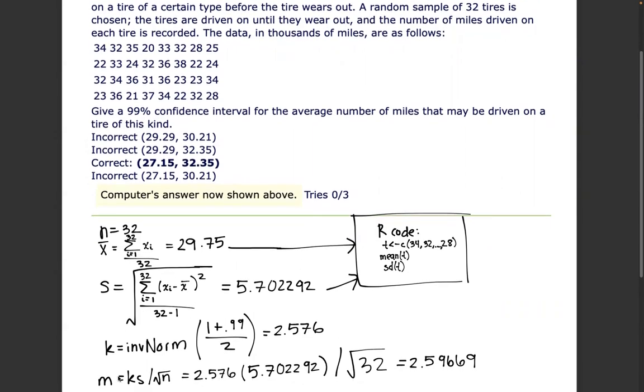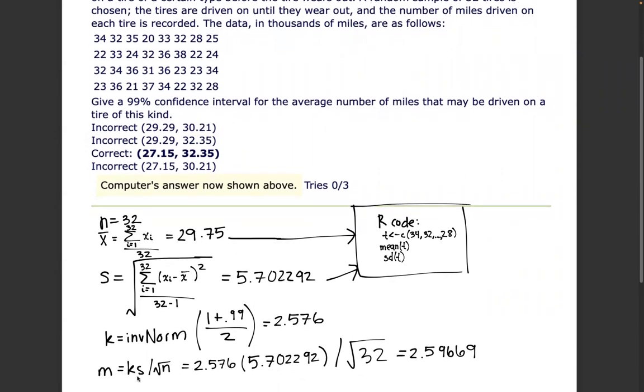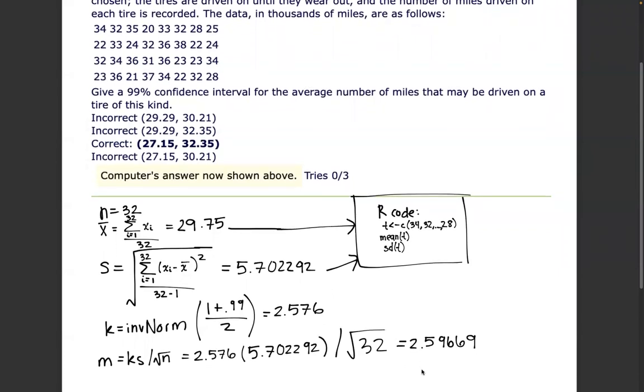Now I have what I need to calculate the margin of error M. M equals K times S divided by the square root of N. Our K is 2.576, our S is 5.702292, divided by the square root of 32. And so we get 2.59669 as our margin of error.